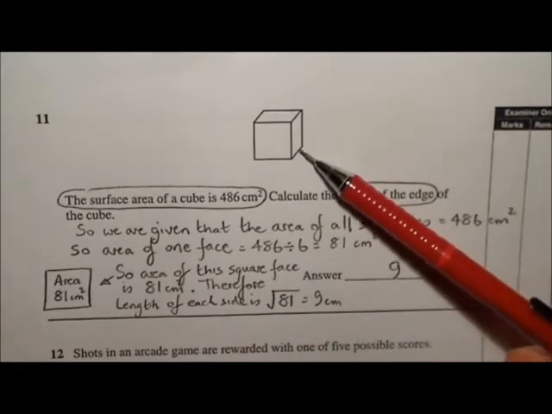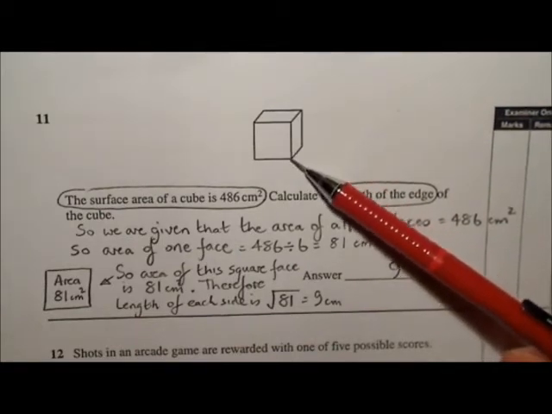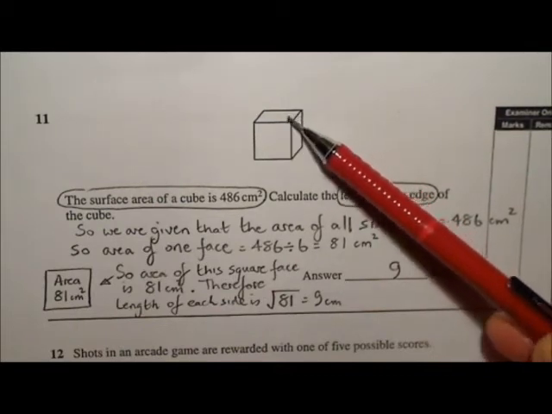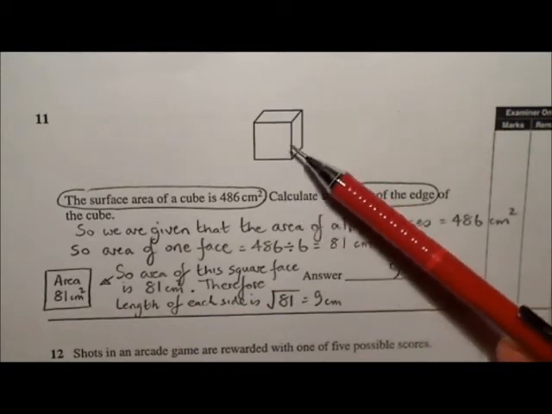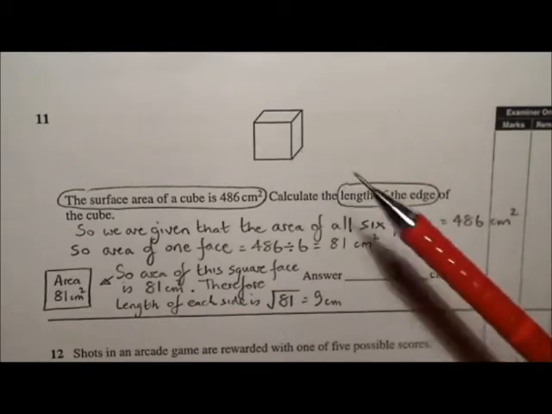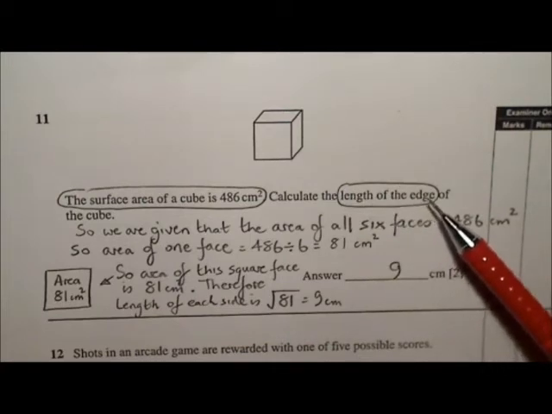So that's one of the edges here. So any of these edges you can imagine, there's 12 edges altogether, and they want us to calculate the length of one of them.